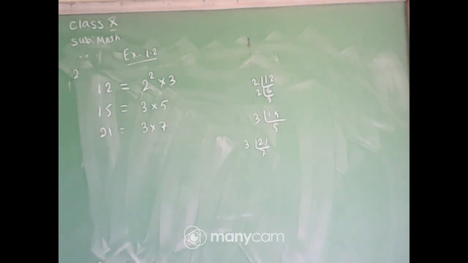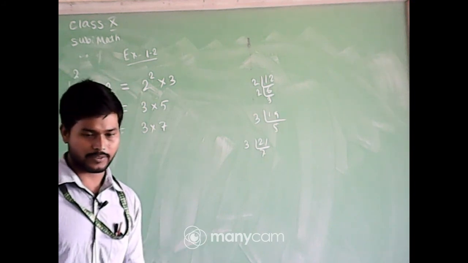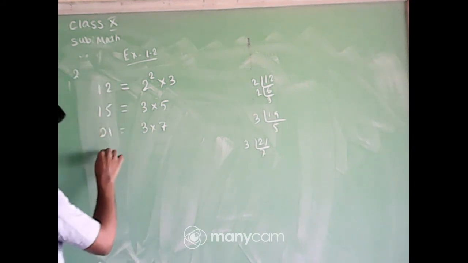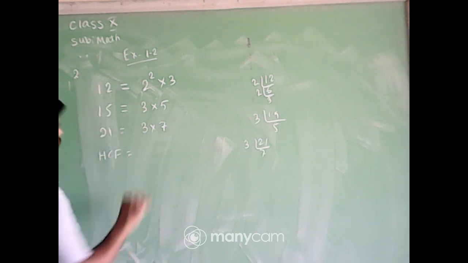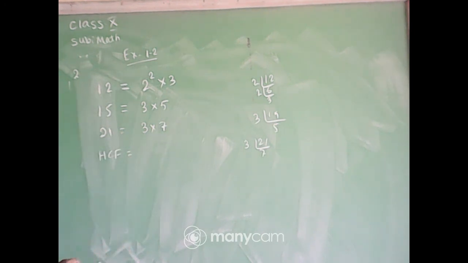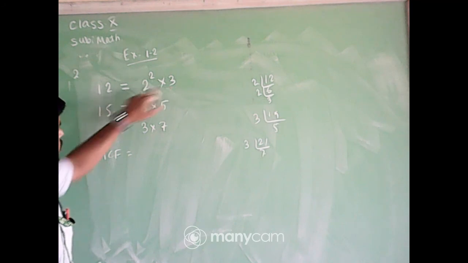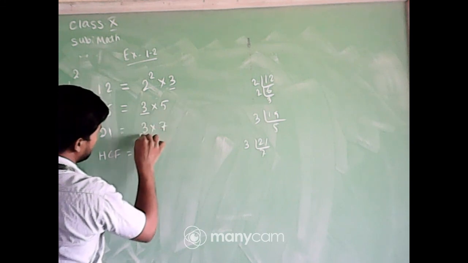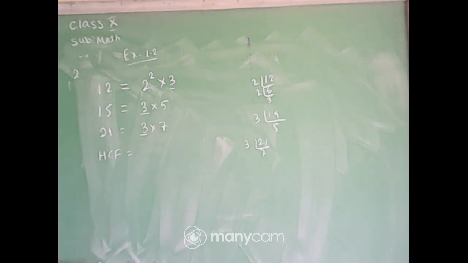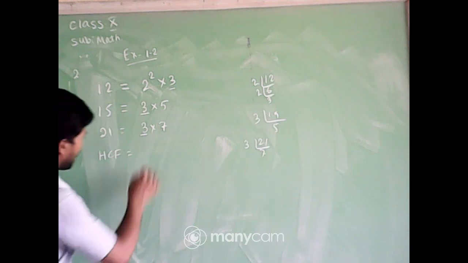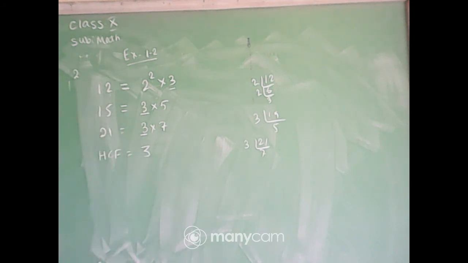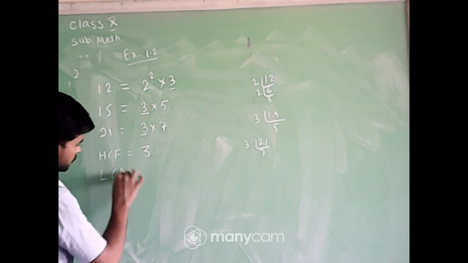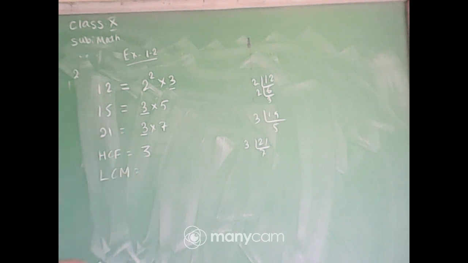So the first step is to express all the given numbers into prime factors. Next, HCF means the highest common factor, so we have to find the common factors. Here the common factor is 3 and the lowest power of the common factor is 1. So HCF will be equal to 3. Now for LCM, first we write the common factor with its highest power.